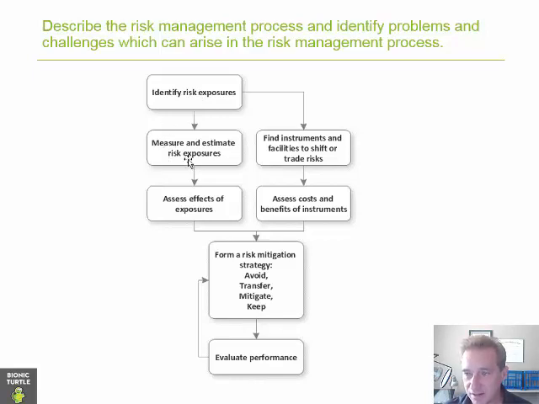How can we translate that into some risk which is measurable at the same time that we're identifying the instruments? And then we're assessing the effects of exposure, and here is that classic cost benefit. And then you can see this inference that we can measure the risk and do cost benefit analysis and quantify that.